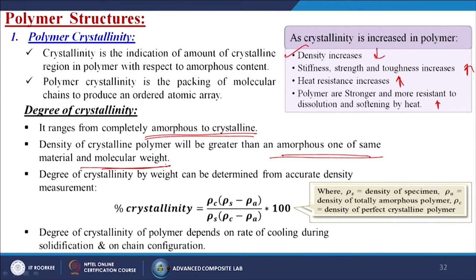Percentage crystallinity equals rho C times (rho S minus rho A) divided by rho S times (rho C minus rho A), all multiplied by 100, because we are calculating a percentage, where rho S is the density of the specimen, rho A is the density of totally amorphous polymer, and rho C is the density of perfectly crystalline polymer. Generally the degree of crystallinity of a polymer depends on the rate of cooling during solidification and on chain configuration.